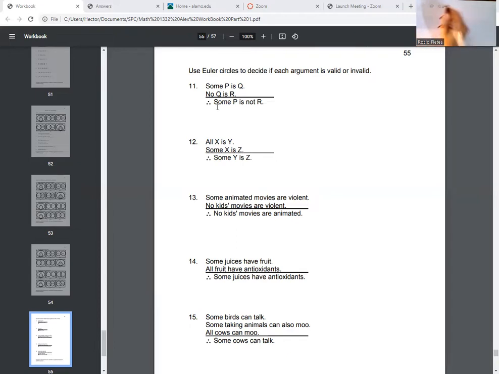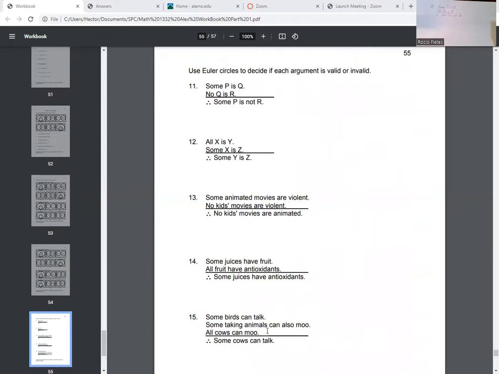And then based on what we have, we're going to see if the conclusion is valid or not. Okay. Let me just write this down. So no Q is R. And then therefore, some P is not R.